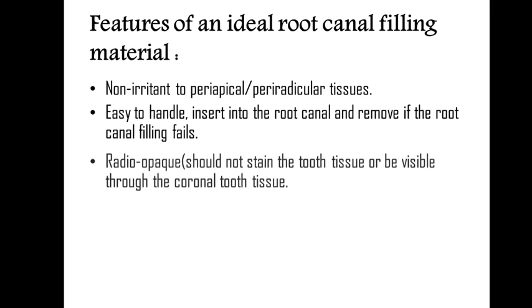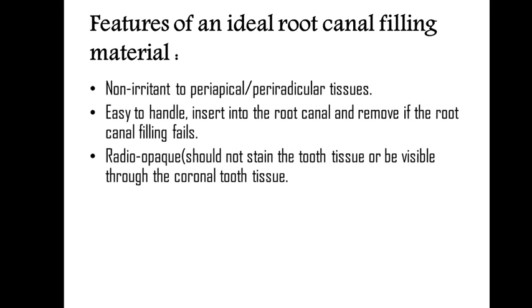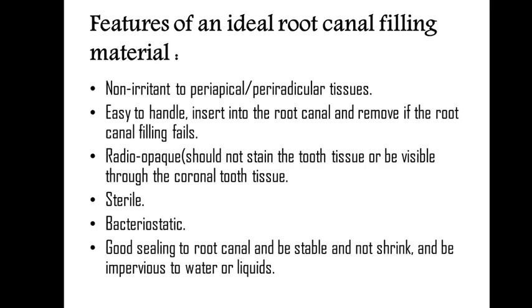It should be radiopaque, should not stain the tooth tissue or be visible through the coronal tooth tissue. It should be sterile, bacteriostatic, and give good sealing to the root canal. It should be stable, not shrink, and be impervious to water or liquids.